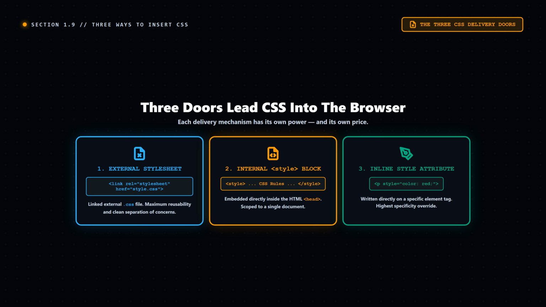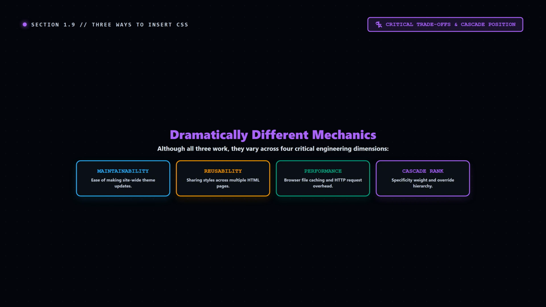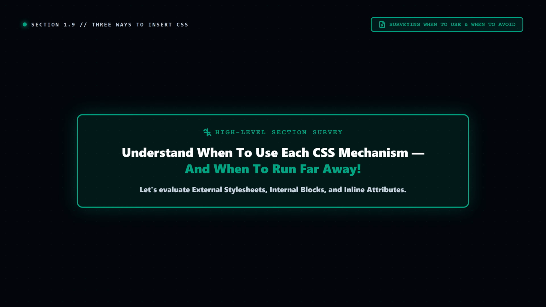You can link to an external CSS file, you can embed a style block directly inside your HTML document, or you can apply styles inline on a specific element using the style attribute. All three methods work, and you'll encounter all three in the real world. But they differ dramatically in terms of maintainability, reusability, performance, and their position in the cascade.